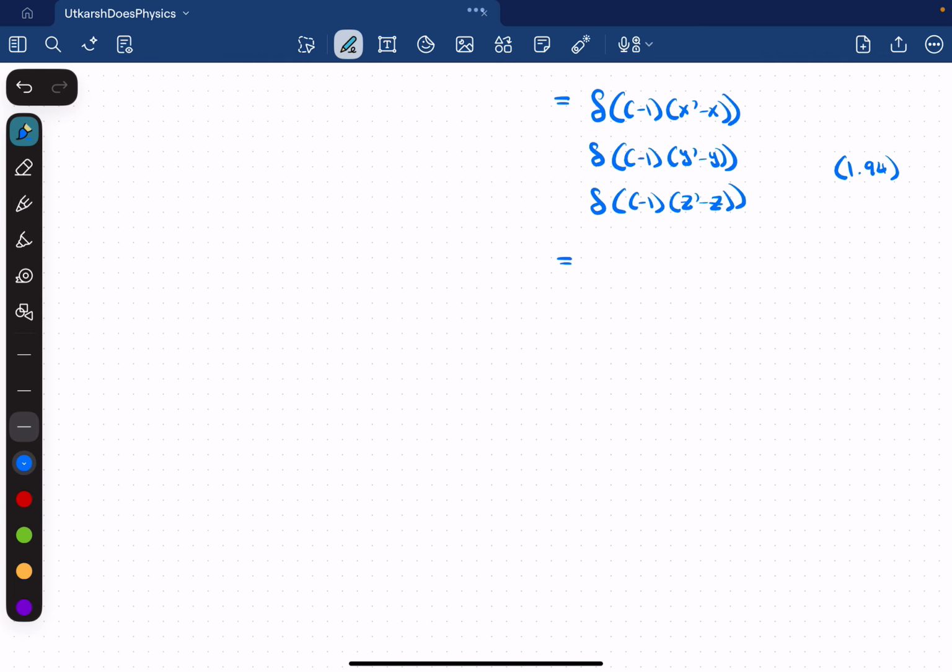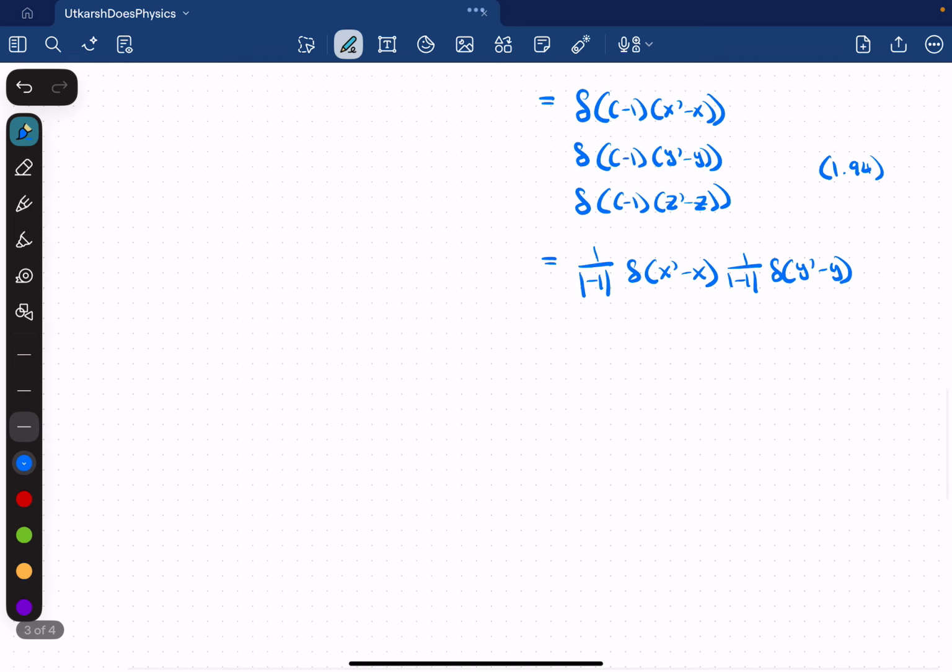Essentially what it means is that we just bring the absolute value of minus 1 outside each of these delta functions. Do the same for y, and also the same for z.